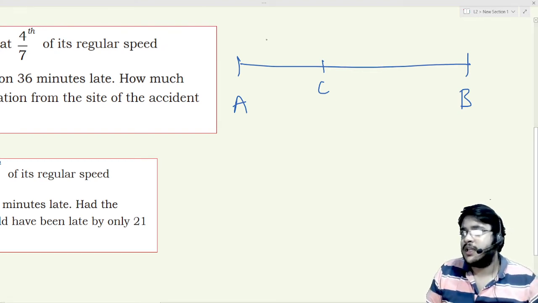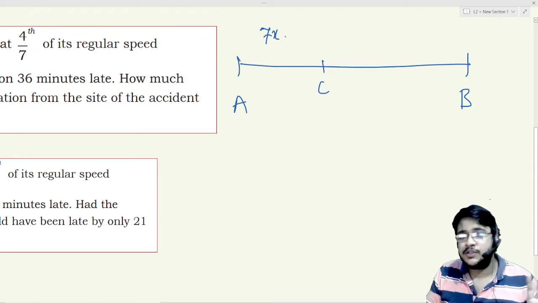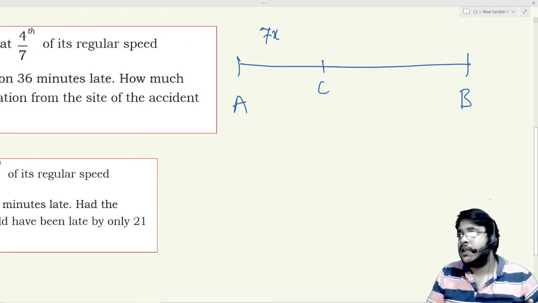So 7x is the speed at which the train was traveling before the accident that happened at position C, and after this incident, the train traveled at 4/7 of its speed, which is 4x.